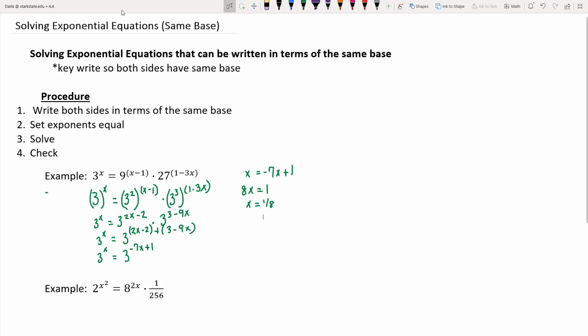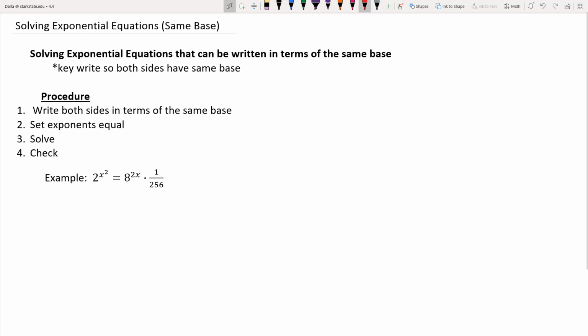And then you would check it, and you would see that it works out. And so that completes this example. And we'll go ahead and take a look at one more example where we can write in terms of the same base on both sides of the equation.